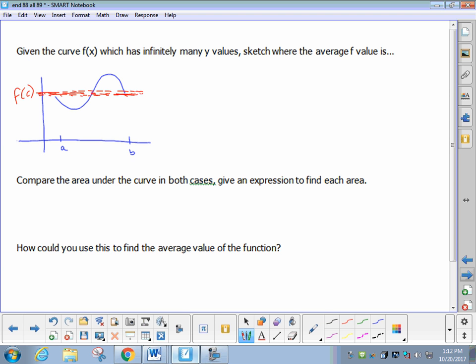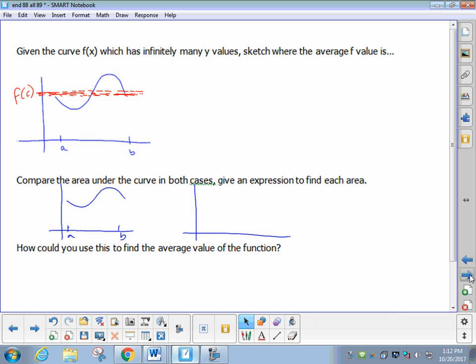All right. So let's call it f at C, where C would be this point where the average value is. Now, if I were to then compare the two areas, I'm not referring to these two areas. I'm actually referring to the area under the blue curve and the area under the average value line.